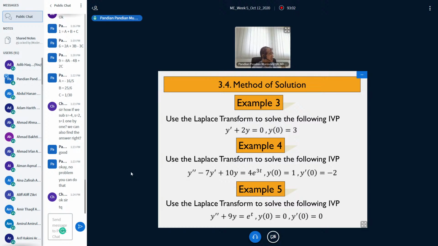And then number 6, this is the most important one: (px² + qx + r) / ((x − a)(x² + bx + c)). But the x² + bx + c cannot be factorized. If it can be factorized, then it goes to equation number 3.